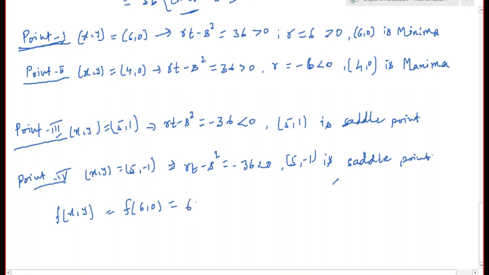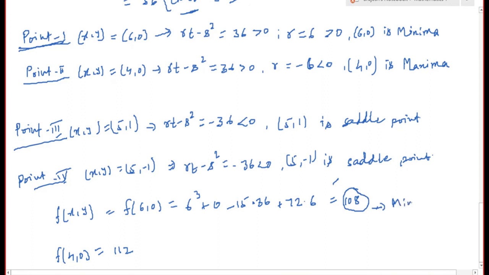It is going to be x cube, that is 6 cube, plus 0, minus 15x square, that is 15 into 36, plus 72 into 6. So the total you get here is 108. Similarly, f of 4, 0, if you put it here, you can calculate it is 112.